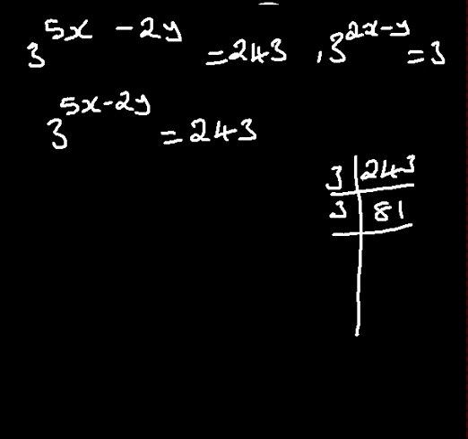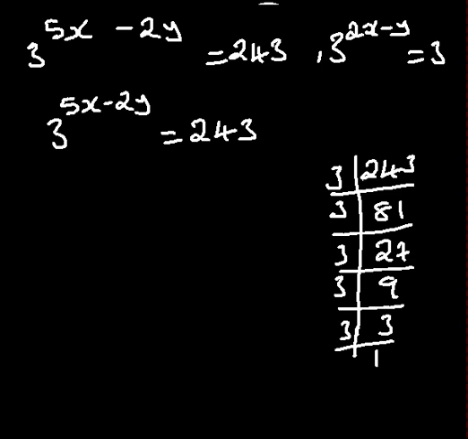And 81 divided by 3 is 27. And 27 divided by 3 is 9. And 9 divided by 3 is 3. And 3 divided by 3 is 1.